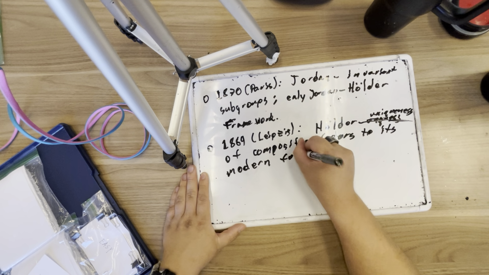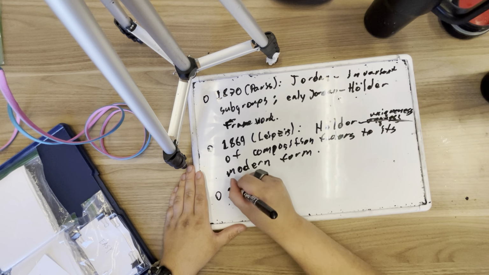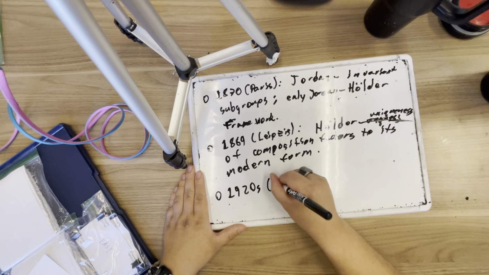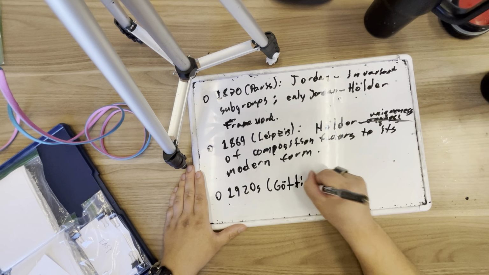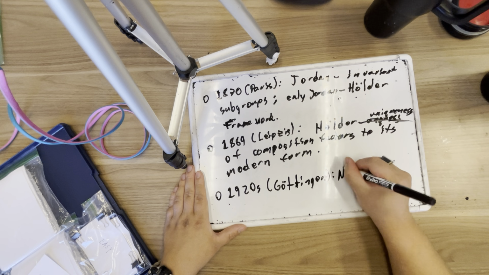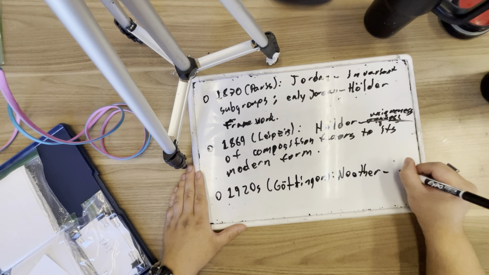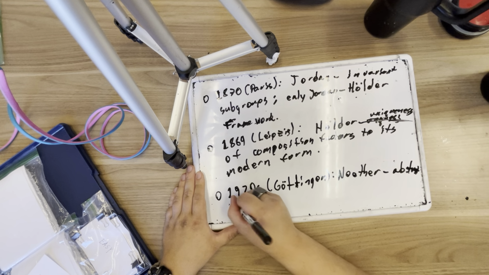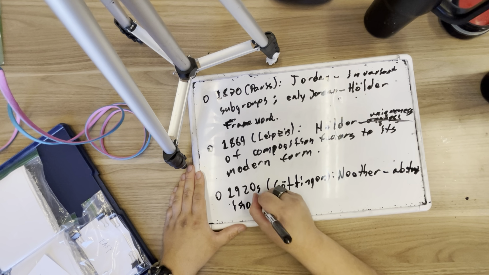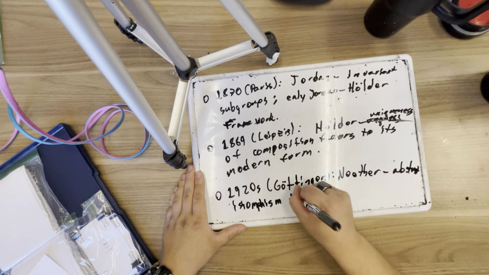And in the 1920s, in Göttingen, Noether abstracts isomorphism theorems across algebra.